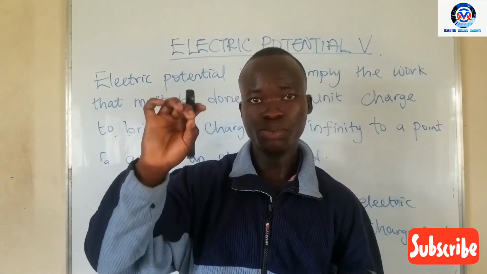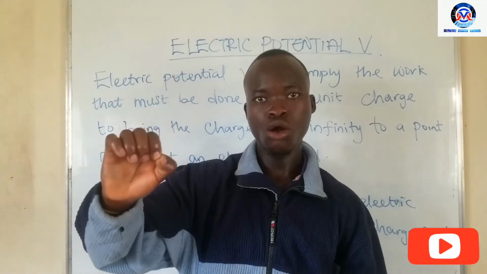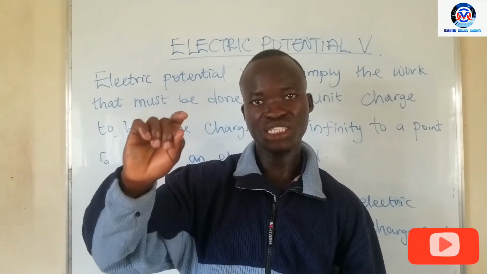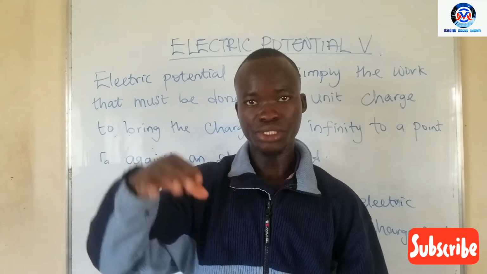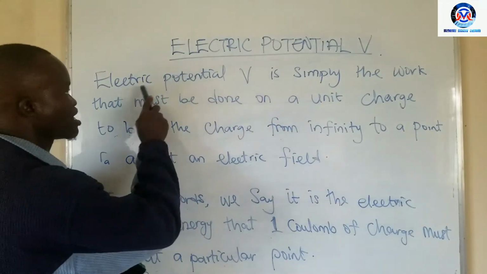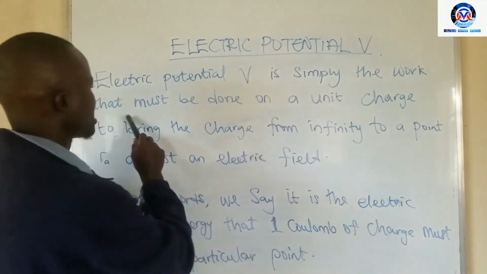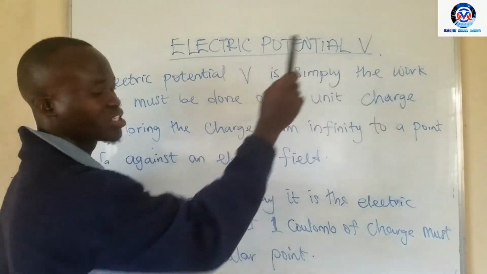Electric potential at a point simply means: what potential energy must one coulomb of charge have at that point? Let's go into the definition on the board. We have that the electric potential, denoted as V, is simply the work that must be done on a unit charge.